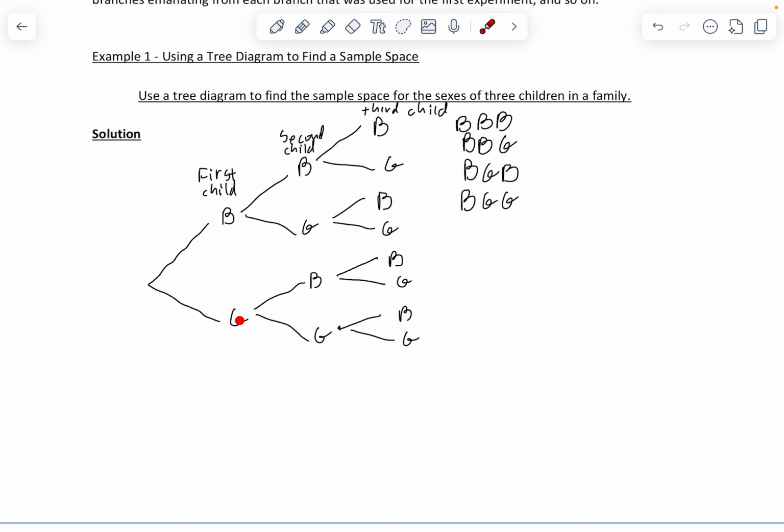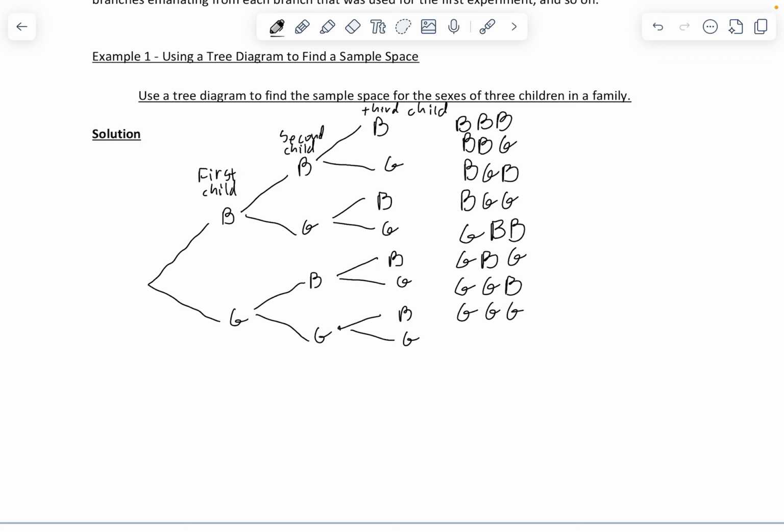Then we come down here and we consider the possibility of the first child being a girl. So we've got girl, boy, boy. Then we've got girl, boy, girl. Then I have girl, girl, boy. And then finally girl, girl, girl.